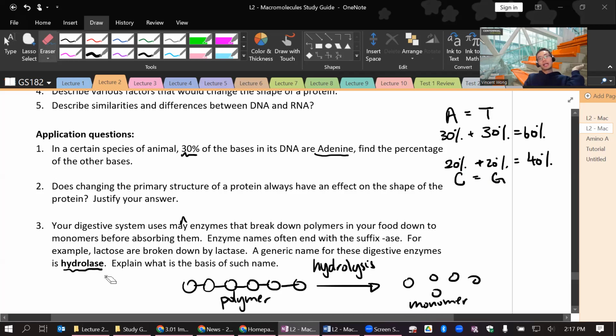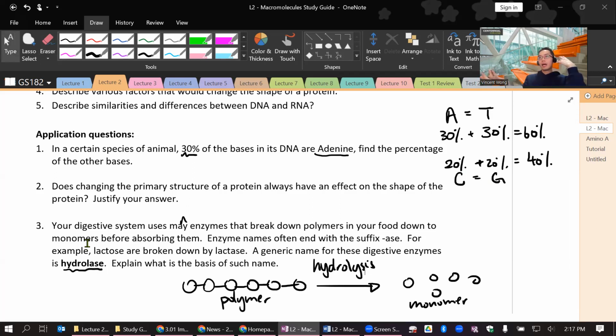Of course, there are different kinds of hydrolases depending on what kind of polymers you're breaking down. If you break down lactose, you have lactase. If you break down maltose, you would have a maltase. You will have proteases, lipase, and so on and so forth. But generally, they use the same mechanism. They add water to your chain, and it breaks them up into little pieces.